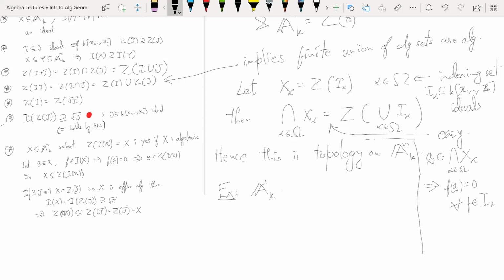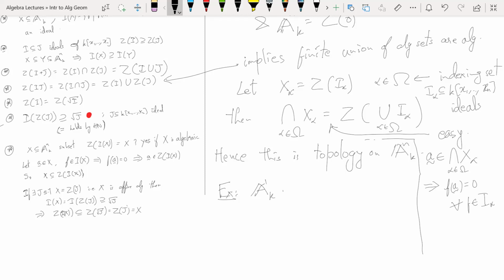A belongs to X alpha, and X alpha is the zero set of I alpha, which means for every f in I alpha, f of a is 0.